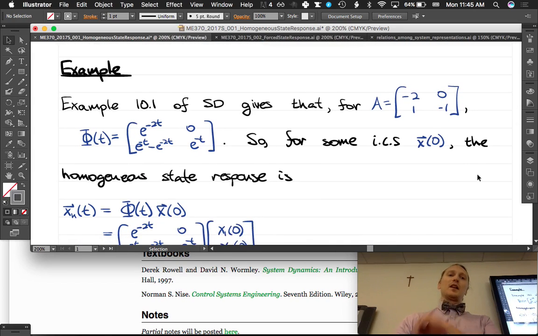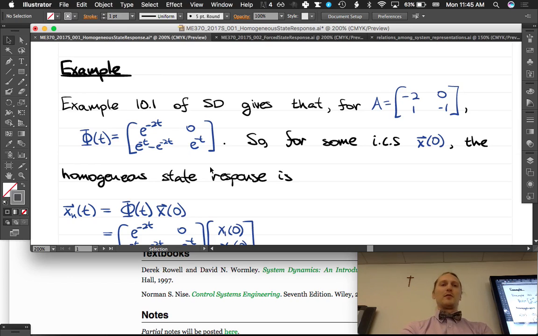So here's the example. Example 10.1 in your book gives that for this A matrix here, this is the state transition matrix. So it's worth going through that example. I think it's interesting. But you have to recognize series expansions, and it's good, but I don't think it's super useful.